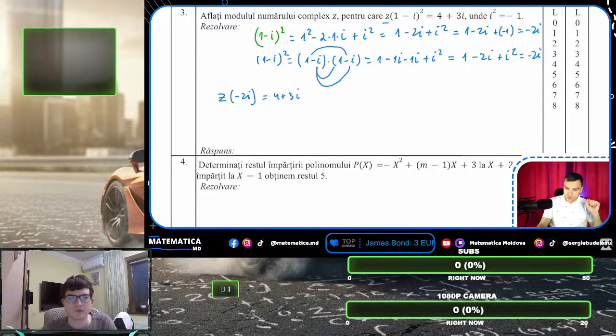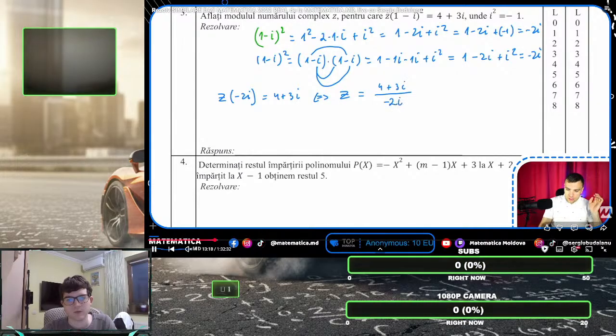Multiply, so I have minus 2zi equal to that. Split the real and imaginary parts, equal them to 0, and then find based on the formula.